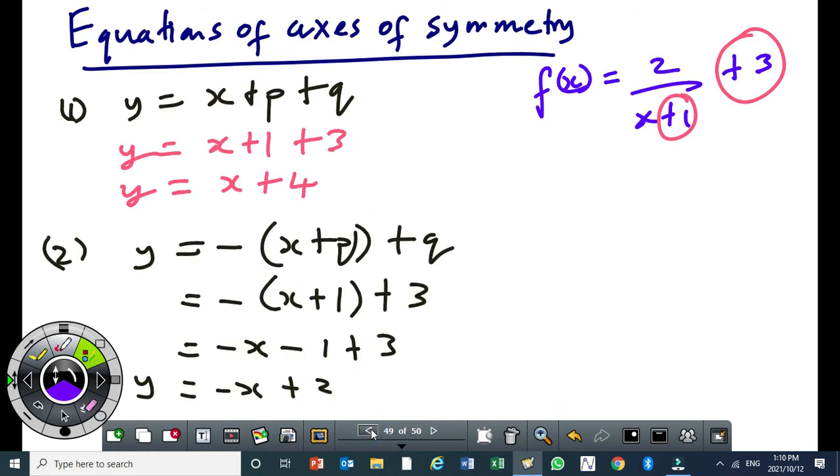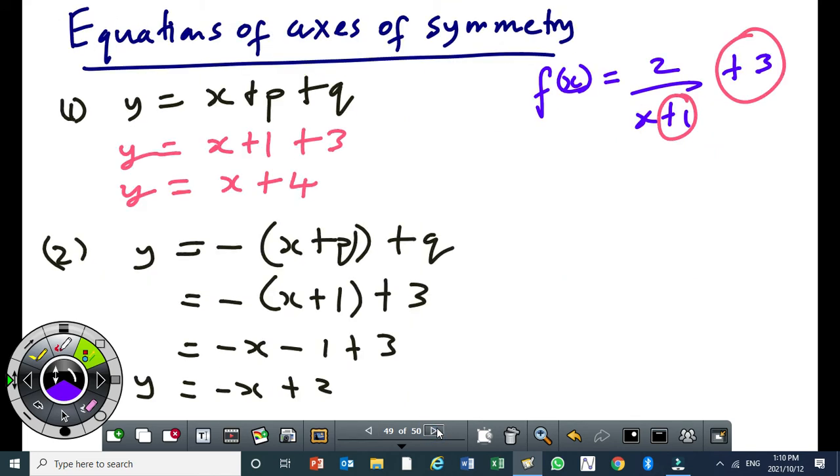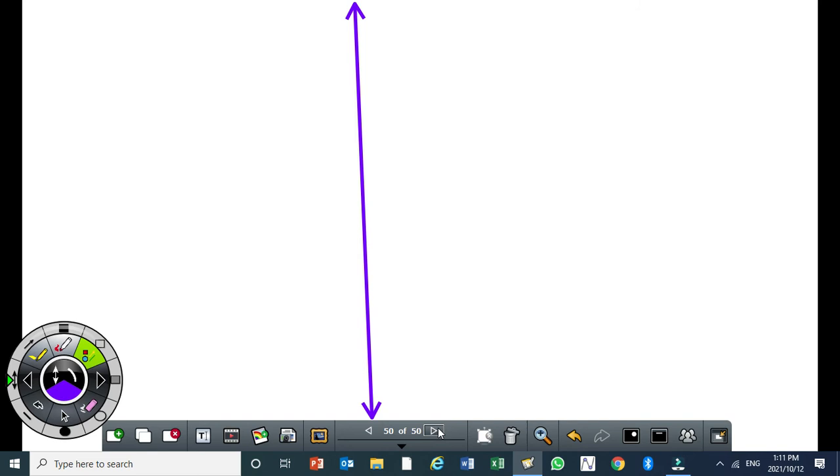So now I'm going to sketch. And let me check my intercepts. I've got positive 4 there, positive 5. Okay. So, I've got positive 2 as well. Right.